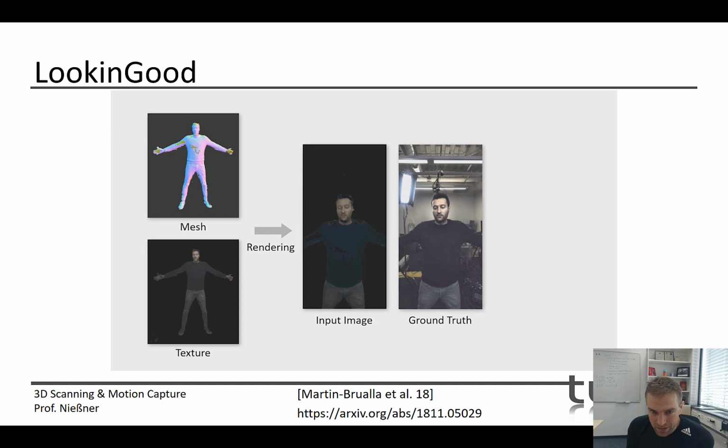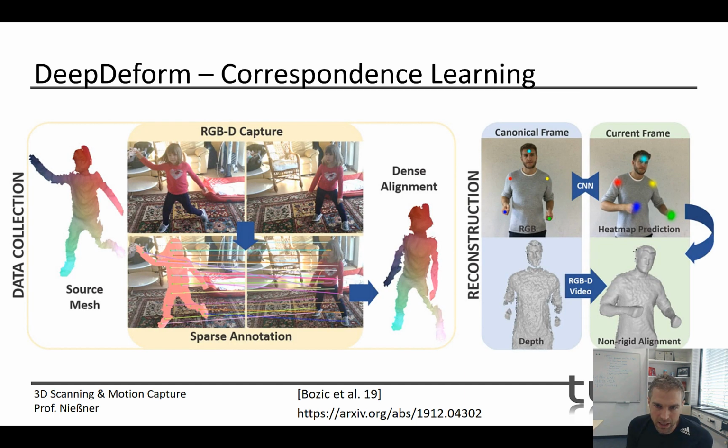Okay, there's one last paper I wanted to mention in this case. There's this DeepDeform paper. This is a paper from our group. So here the idea was basically we want to use deep neural networks now to learn correspondences. So the high-level idea is there's a data set.